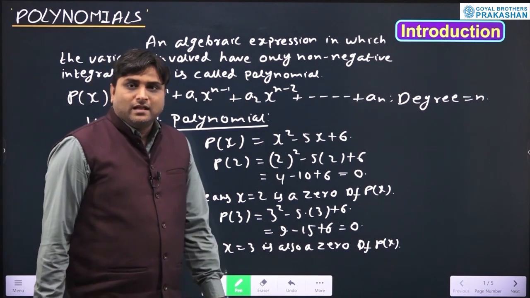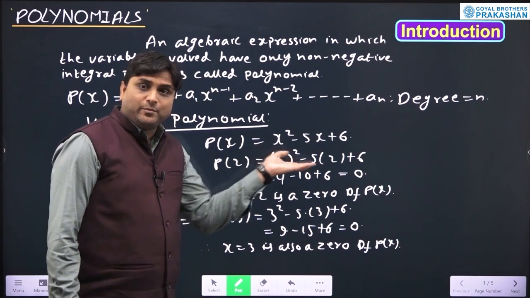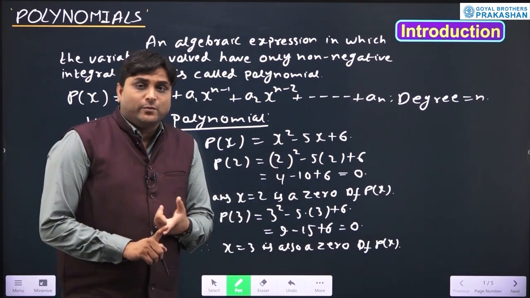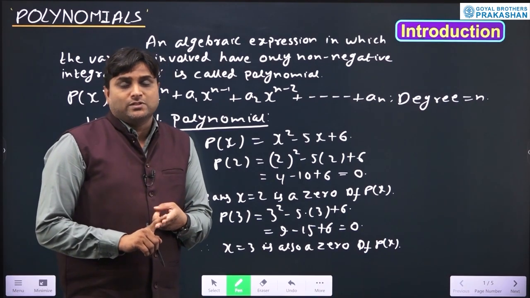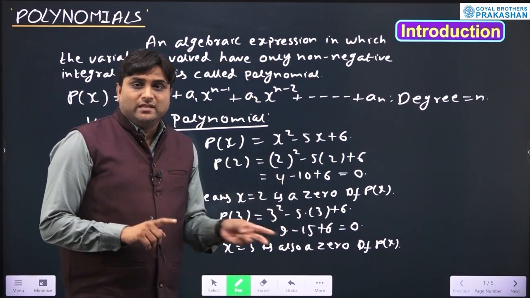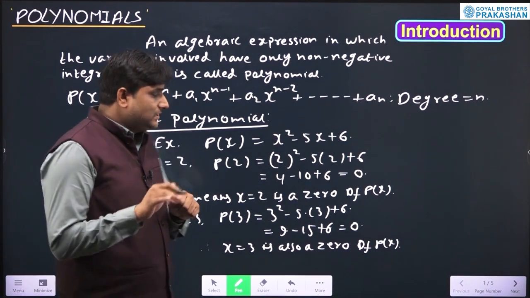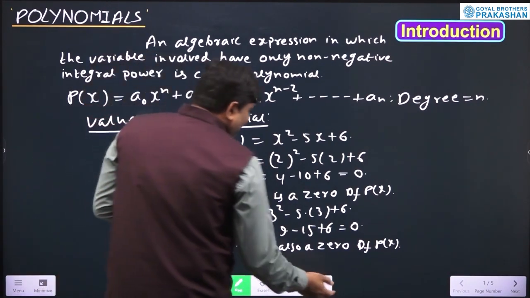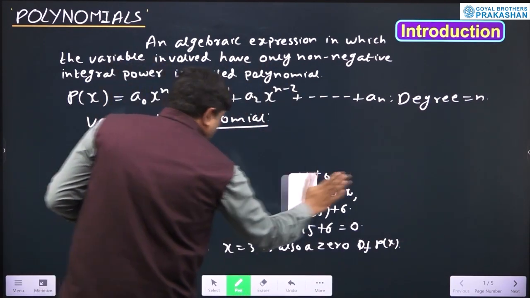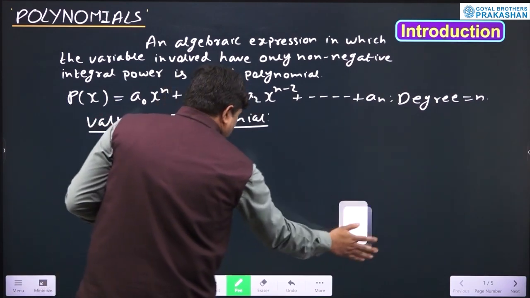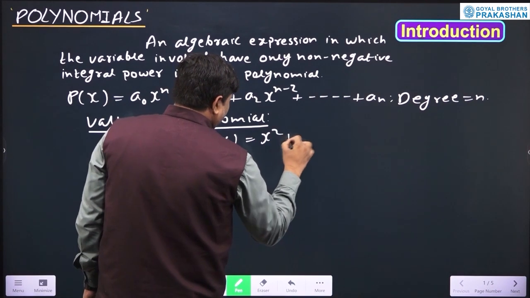Now the question is, how many such values are possible in the case of a quadratic polynomial? So my dear students, if a polynomial is quadratic, then there are maximum 2 values possible for which the value of the polynomial is 0. It means there are maximum 2 real zeros for a quadratic polynomial. Why am I saying maximum 2 zeros are possible? Because there may be some example like x square plus x plus 1.